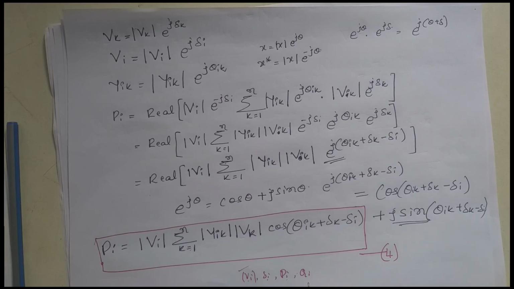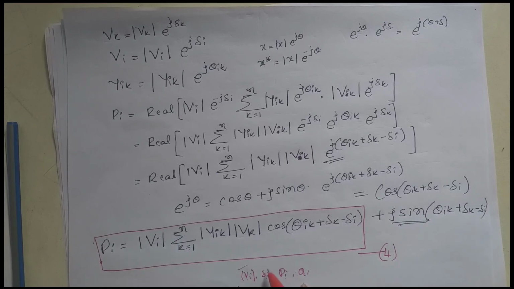If any 2 variables are specified at every bus, the remaining 2 variables at each bus can be found by solving equation 4 and equation 5. Thank you.